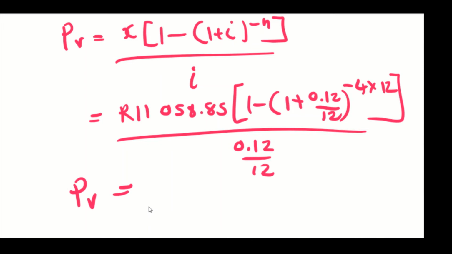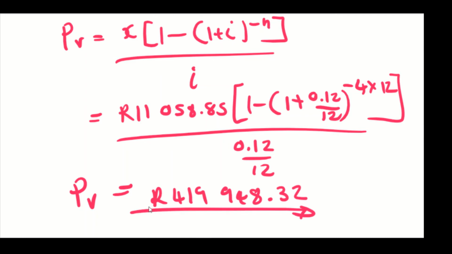So this would be the loan outstanding in the 4 years period, which would be 419,948.32. So this is the outstanding loan.